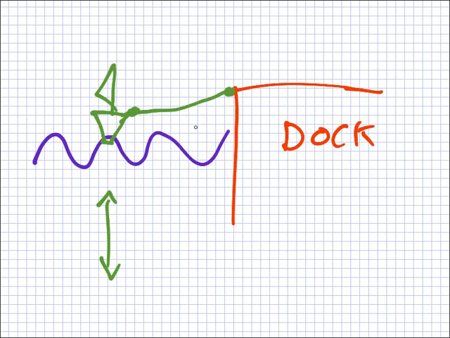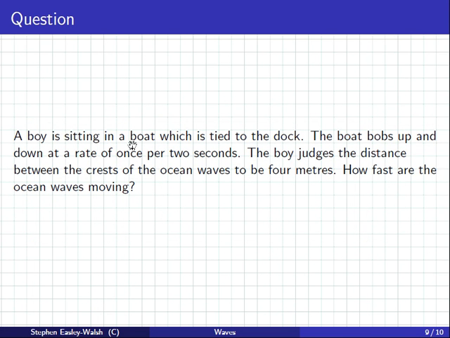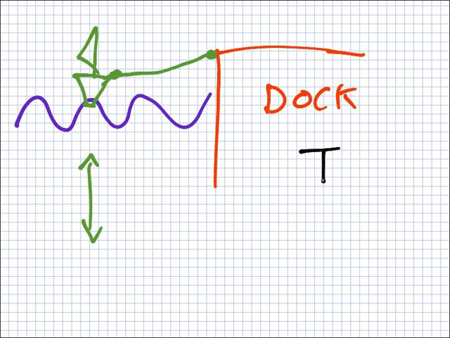Now let's go back to the question and see what information we can get from the question. The boat bobs up and down at a rate of once per 2 seconds. So what is that telling us? Frequency. Yeah, the boat bobs up and down at a rate of once per 2 seconds. So really that's telling us the T. The T equals 2 seconds.